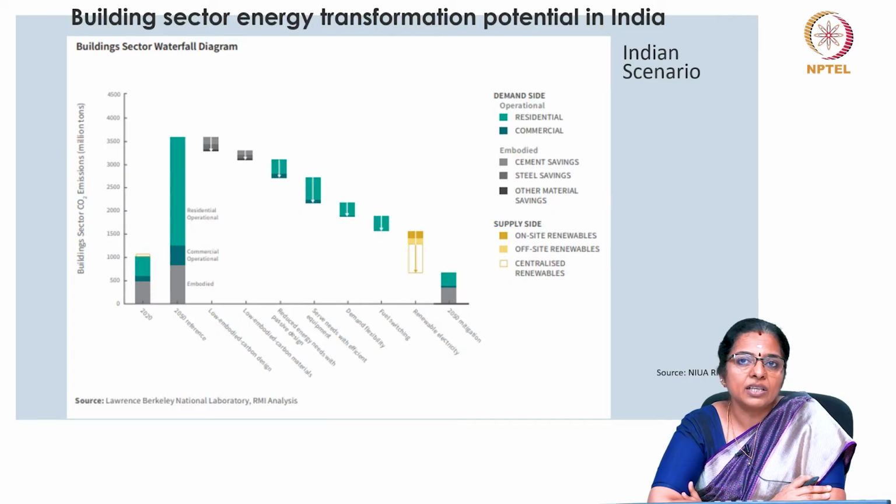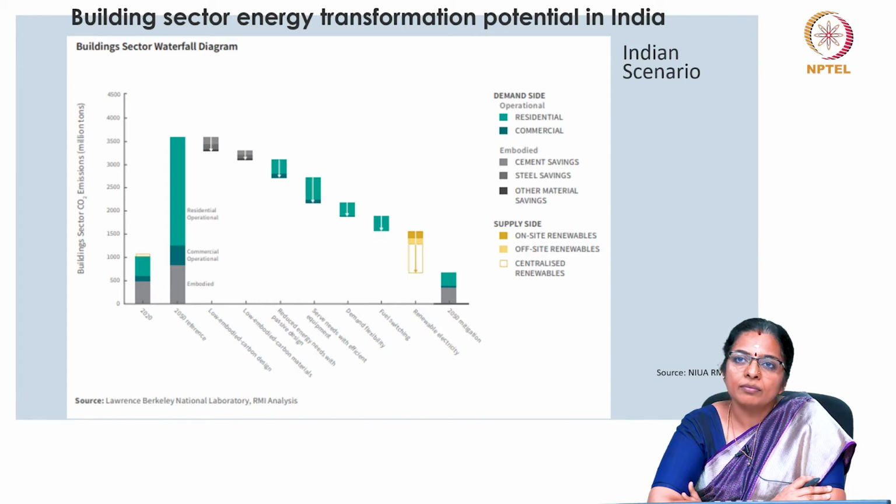The operational energy consumption in the building sector has been experiencing an upward trend in energy usage. One reason may be urbanization, increased construction activity, growing demand for modern amenities. As a growing economy, there is a requirement for more buildings.